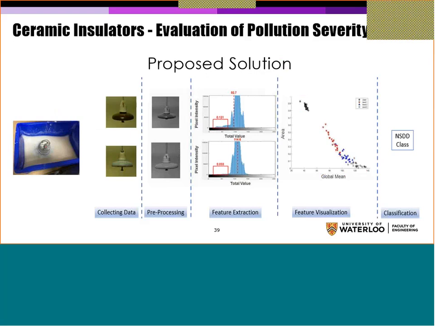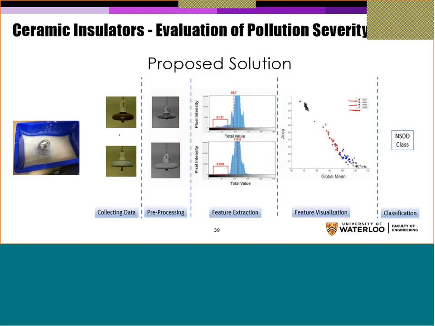Then we have different classes, different pollution levels, and these are the classes that we are trying to predict. So we have a clean insulator, and then 3 classes of NSDD.